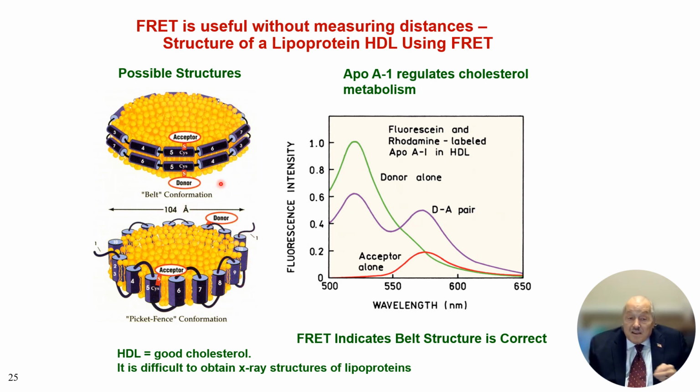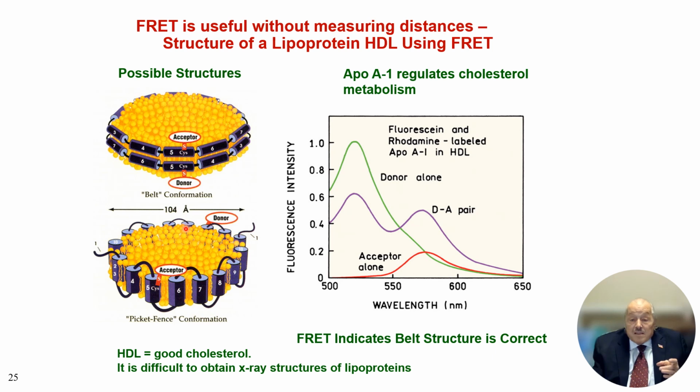So what was done here is the authors got the peptide, labeled it at precisely the same site, one with a donor, one with an acceptor, and put both of those into formation of the HDL complex.